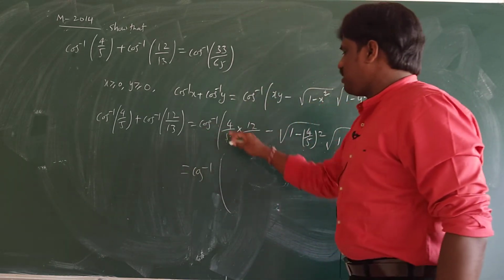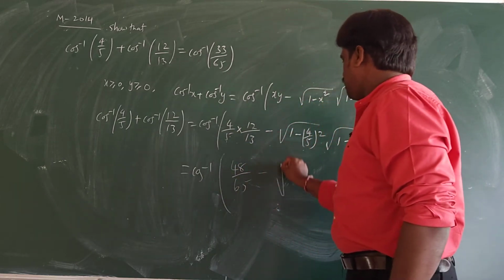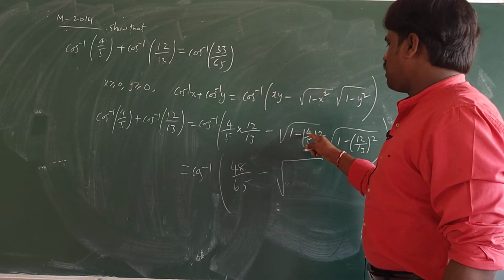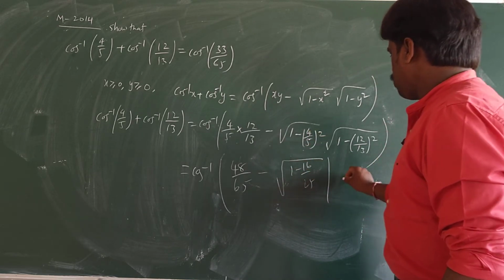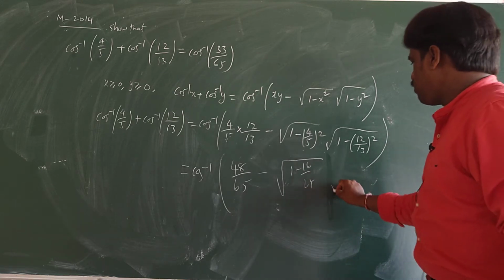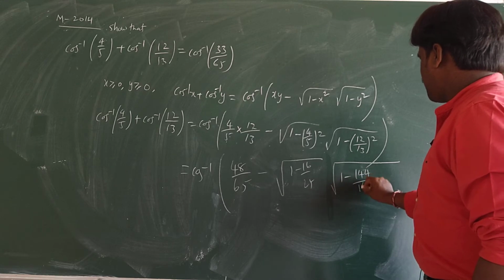If you simplify this, it is 48 by 65 minus under root of 1 minus 16 by 25 into under root of 1 minus 144 by 169.